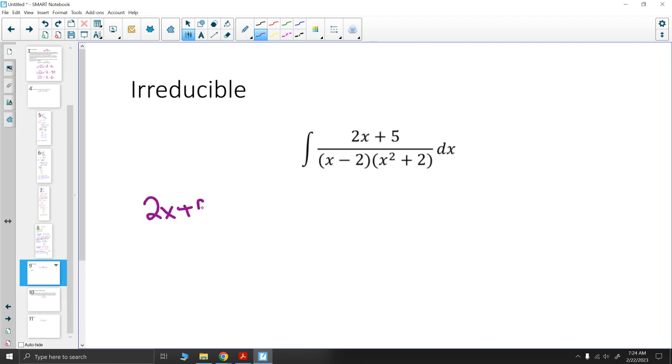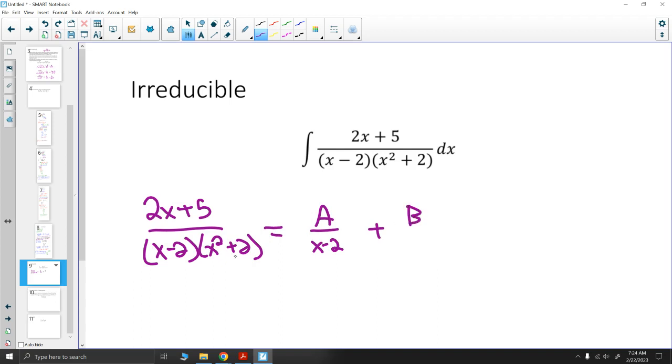So this is 2x plus 5 over x minus 2 times x squared plus 2. And we are going to write this as A over x minus 2 like normal, plus, now because this is irreducible, we need a factor 1 lower than this thing. So this is an x squared, we need an x. This was an x, so we always have constants above just x's, but since we have an x squared, we need a bx plus c.